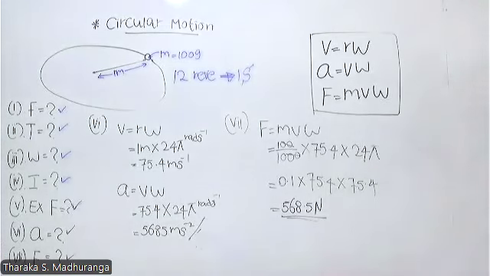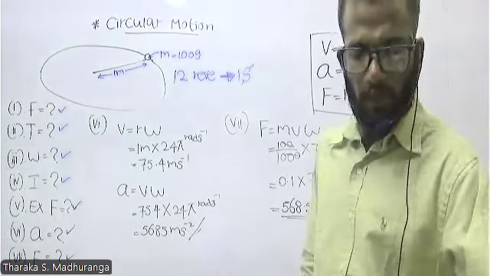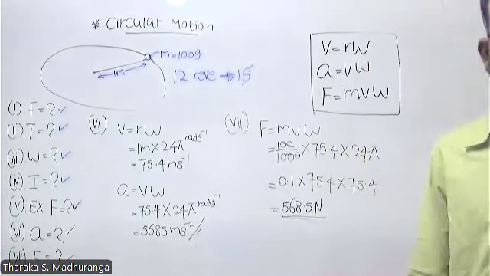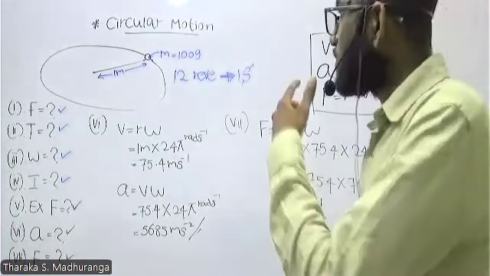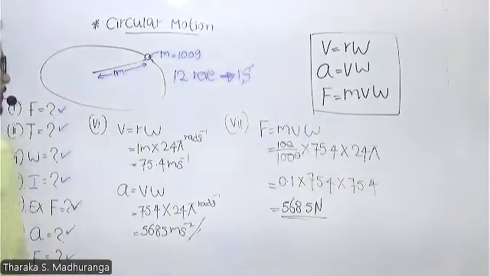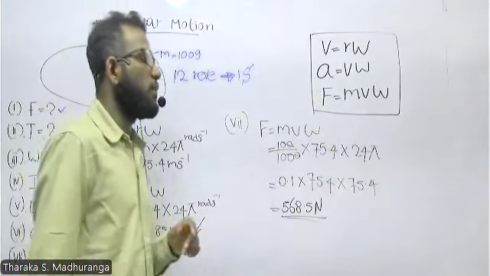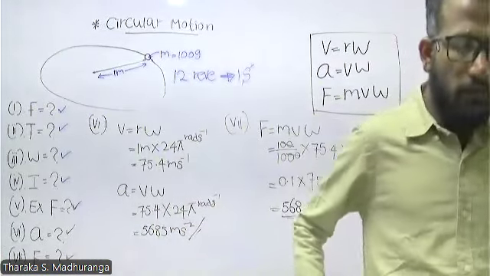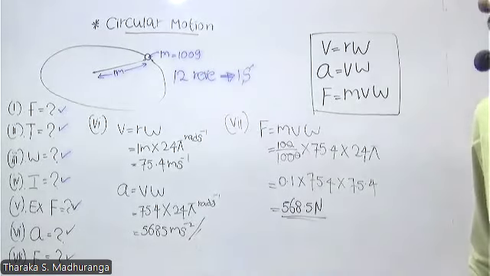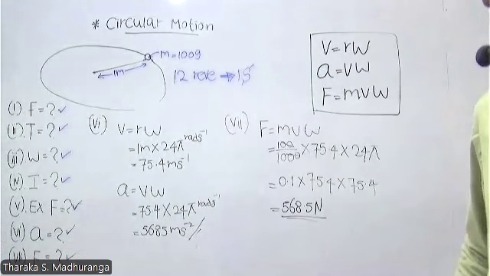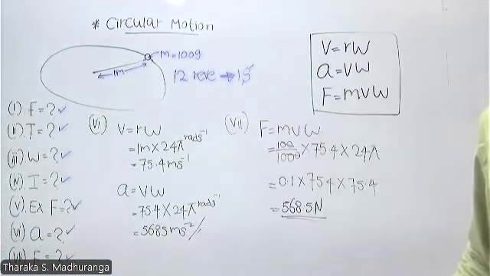There is a circular motion object with the mass of 1 kilogram.